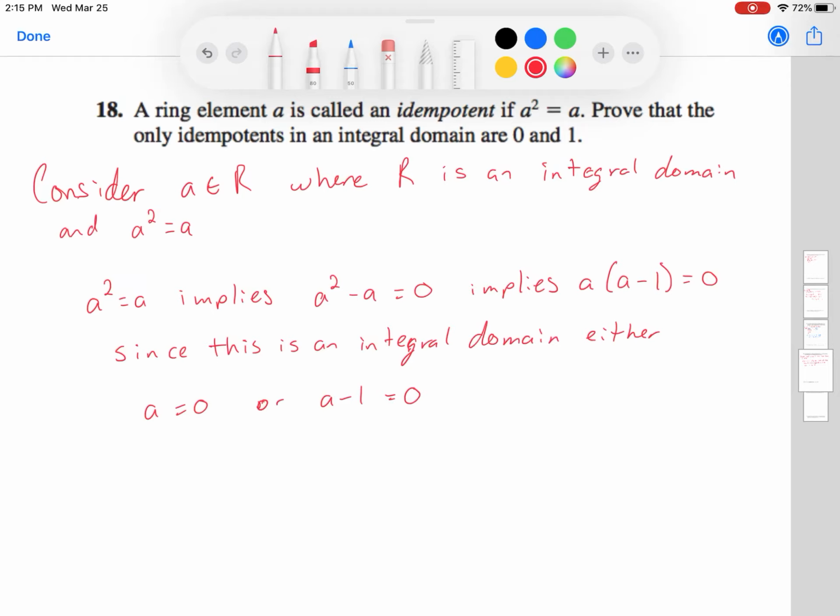This is because integral domains do not have 0 divisors, so one of these two things has to be equal to 0. So we either have that A equals 0 or that A equals 1, which is what we were trying to show, that if A squared equals A, A had to be either 0 or 1. So the only idempotent elements of an integral domain are 0 and 1.